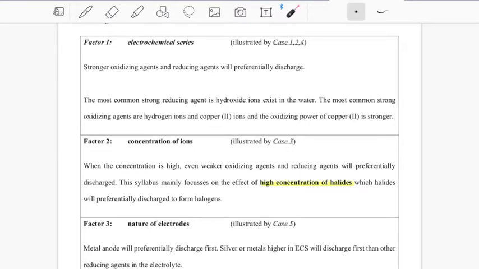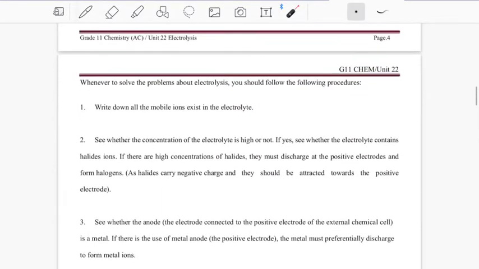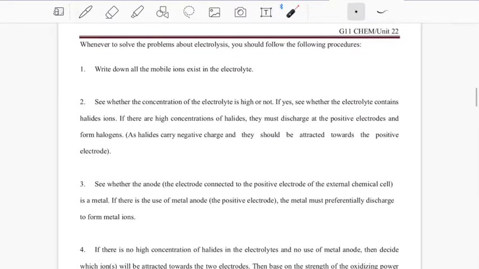How we're going to analyze an electrolytic cell, the steps are listed on page 5. Whenever you are given a scenario of an electrolytic cell, you must write out all the mobile ions in the electrolyte first. Remember, in this unit, you're going to learn the electrolytic cell using aqueous solutions.